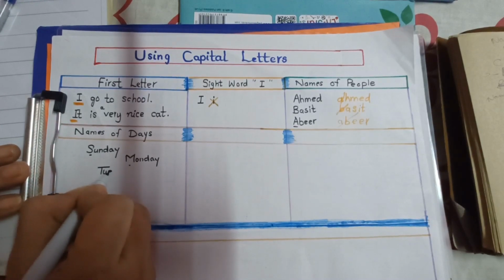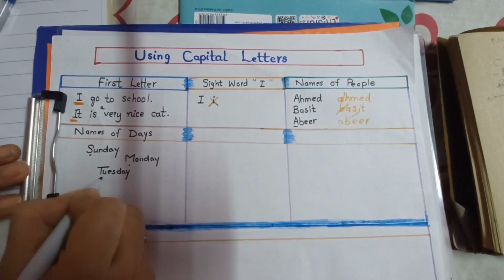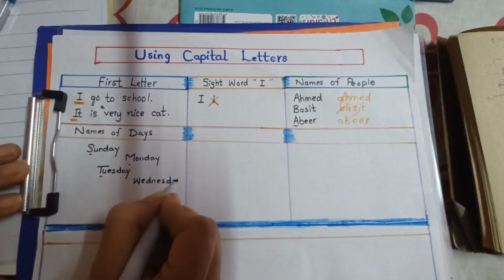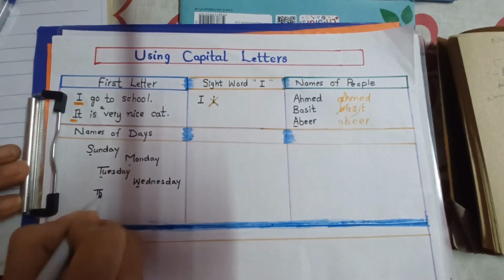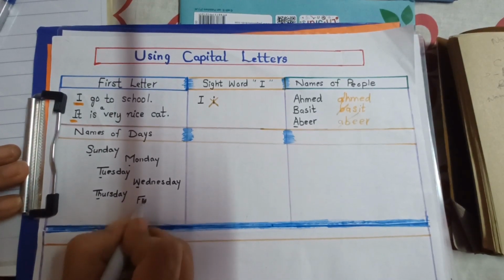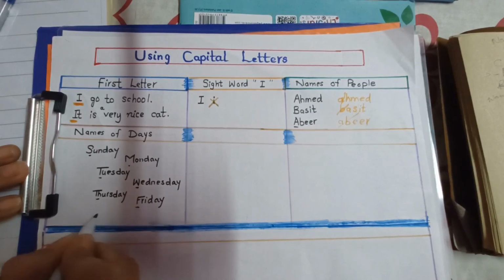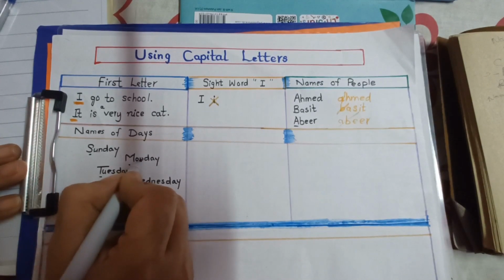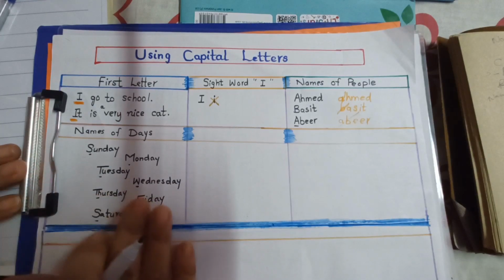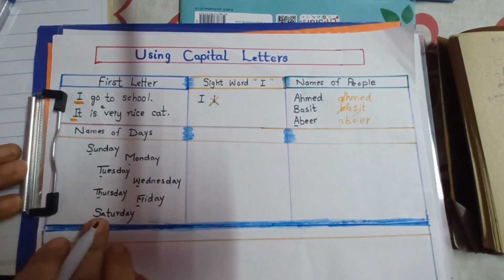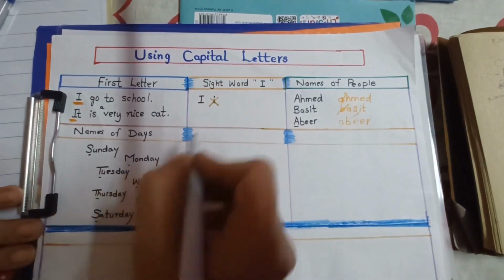Tuesday, Wednesday, Thursday, Friday, and Saturday. All of these names of the days of the week should start with capital letters.